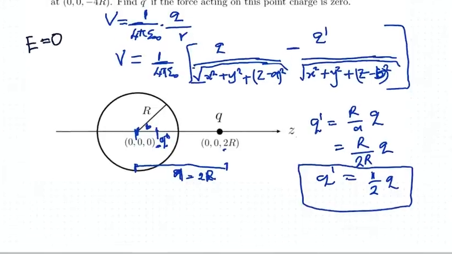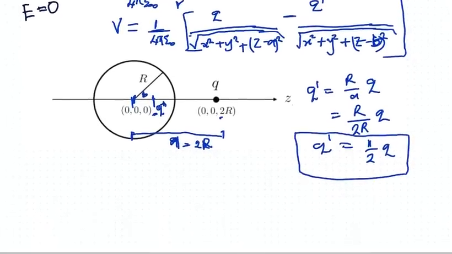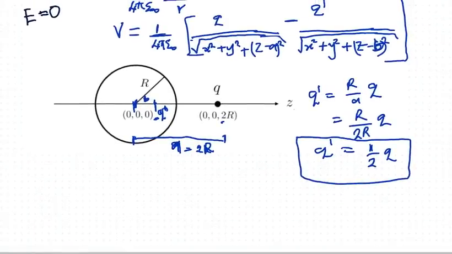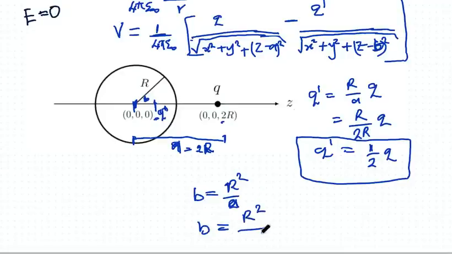And we can as well get the distance from the center to the image charge. B will be equal to R squared over A, and R squared is okay, and A is 2R.